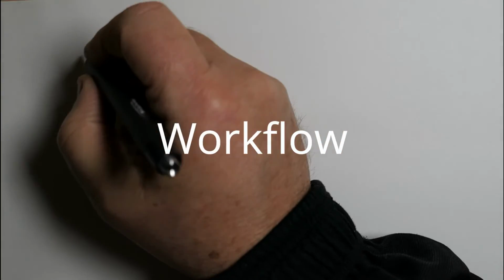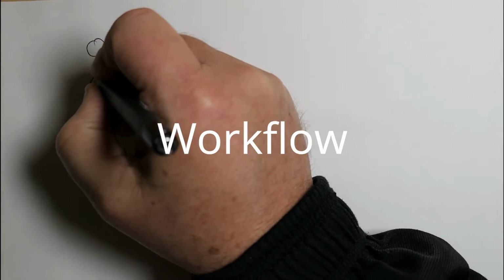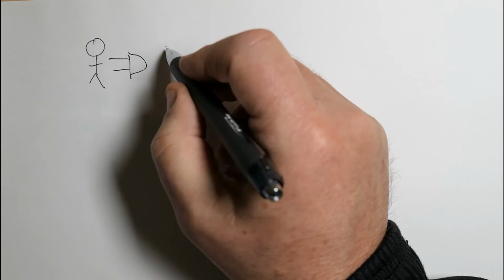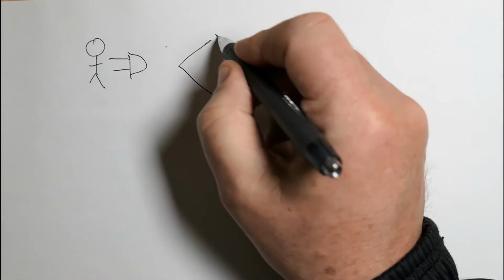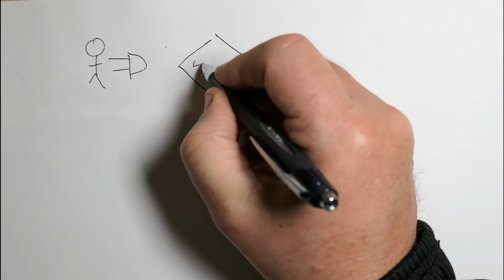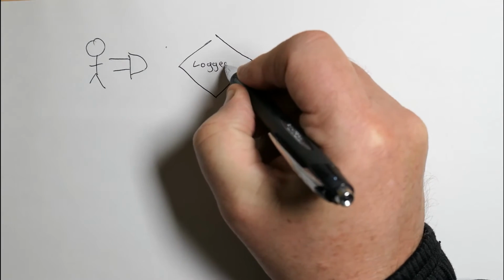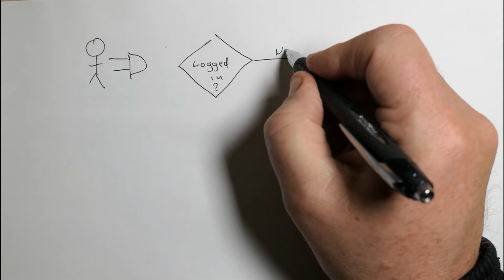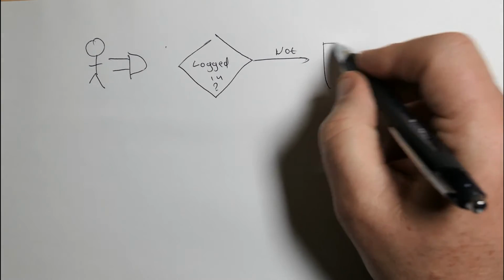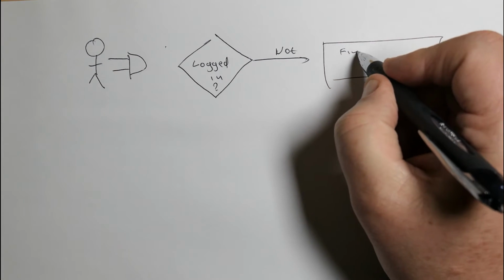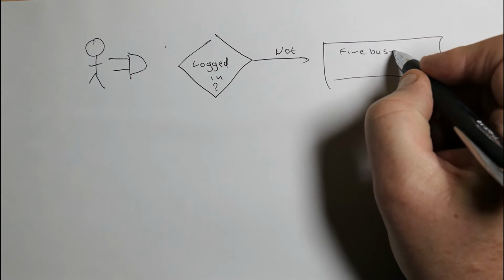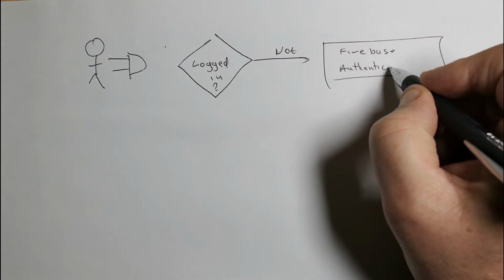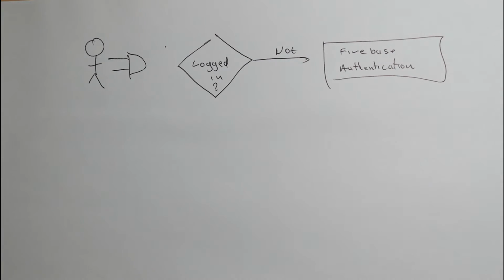So going through the general workflow for this, as a user, initially when you connect to the application, the first decision the application makes is: is the user logged in? If not, then it goes through the Firebase authentication mechanism.